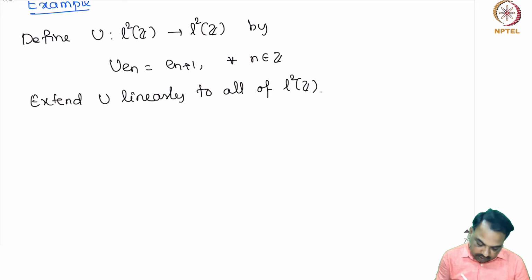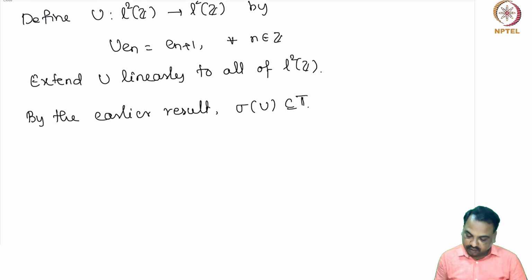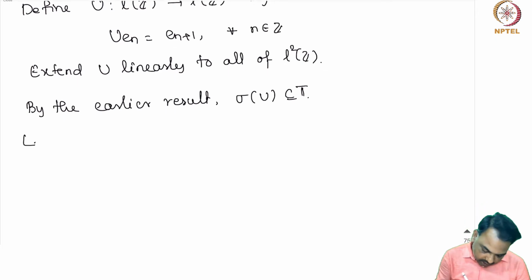Now by the earlier result, spectrum of U is contained in the unit circle. Now let us take lambda in the unit circle.